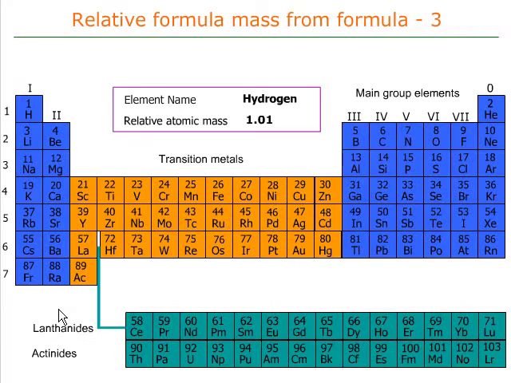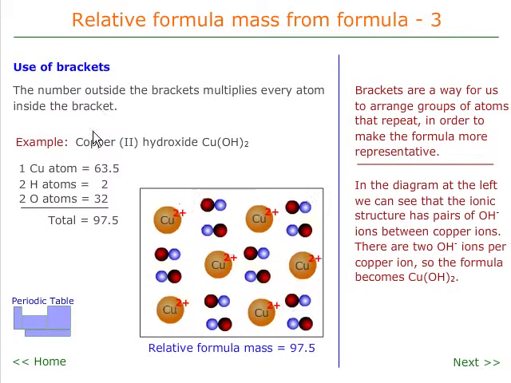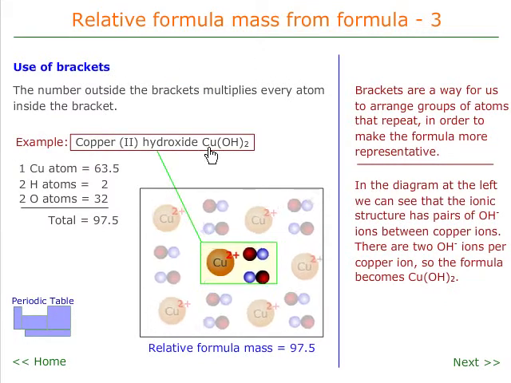So from our periodic table, copper has a mass of approximately 63.6, or 63.5 in some books. Oxygen has a mass of 16, hydrogen has a mass of 1. And so we look at the formula. The formula tells us there is 1 copper and 2 OH groups.